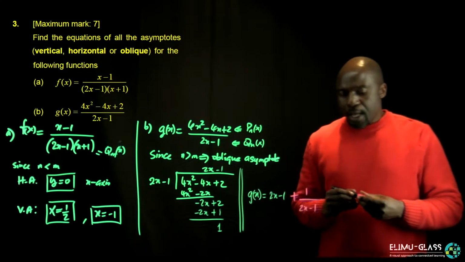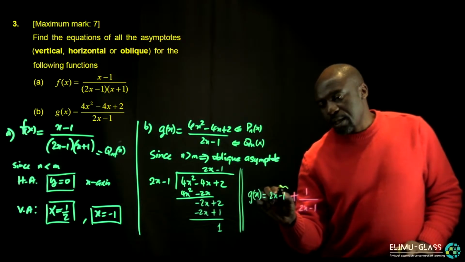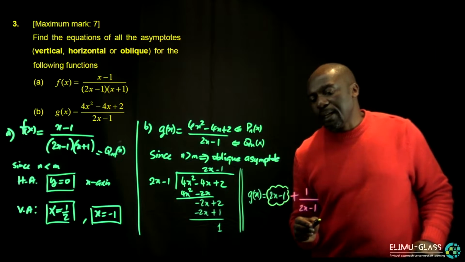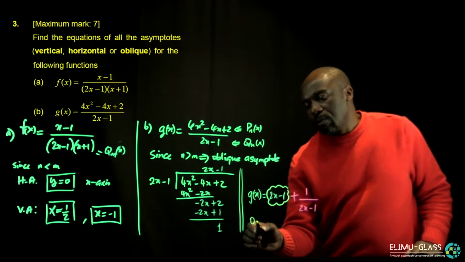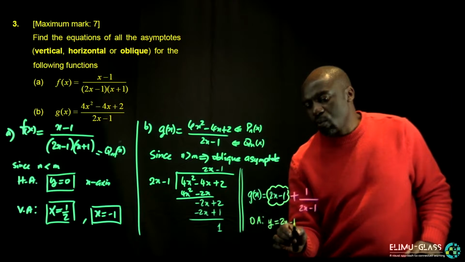And from this, we know that this number here is our oblique asymptote. So the equation of the oblique asymptote is the line y equals 2x minus 1.